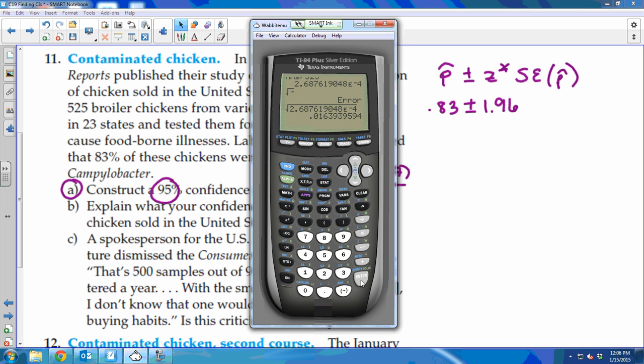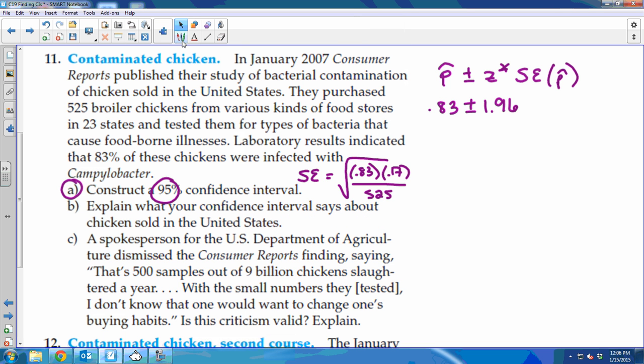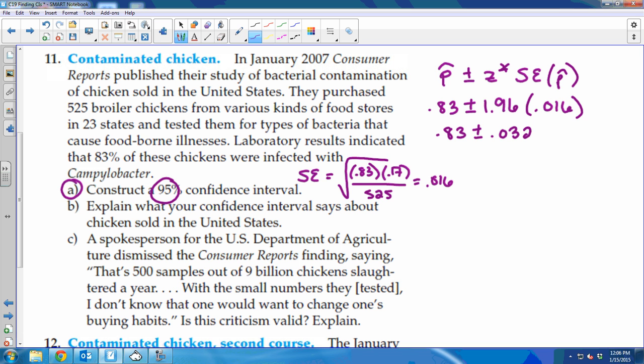So 0.016. I'm going to multiply this by 1.96. So I get 0.83 plus or minus, from my calculations before, 0.0321.